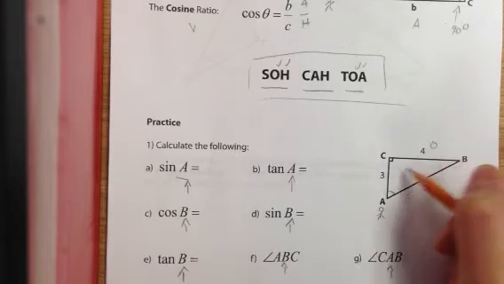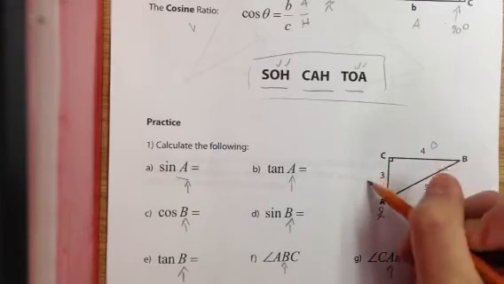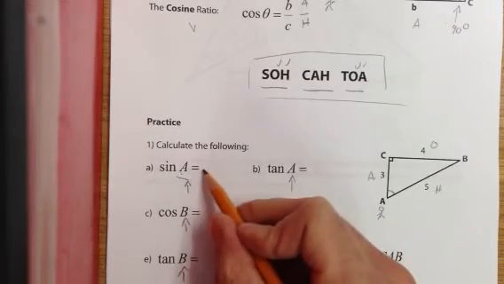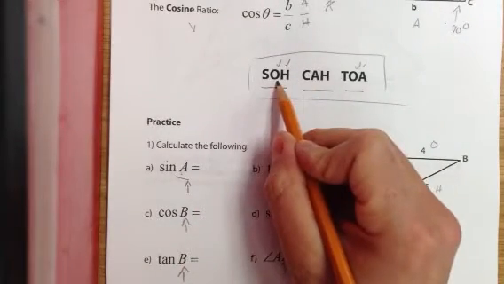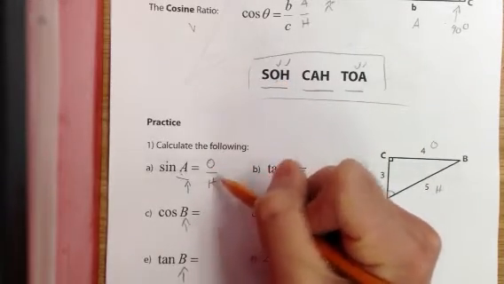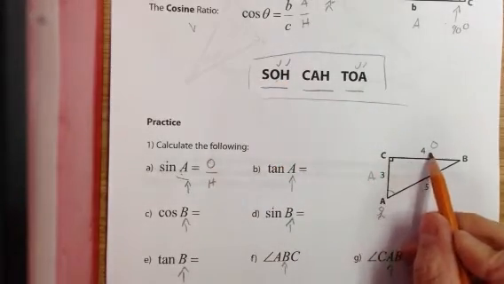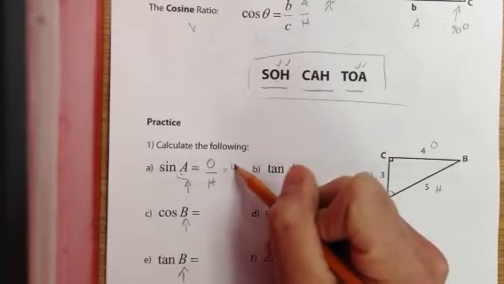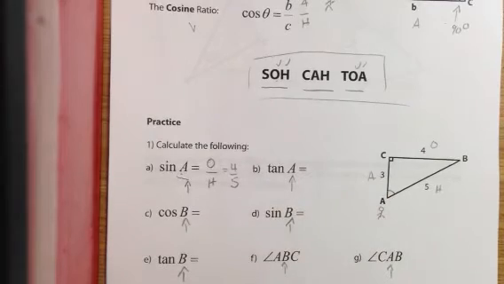This makes that your O, your H, and your leftover is the A. So I want to know what sine of A is. Sine of A uses O over H. So I'm going to take the O side and divide it by the H side. So sine of A really equals 4 divided by 5. And you can leave it as a fraction, or you could write it as a decimal if you want.